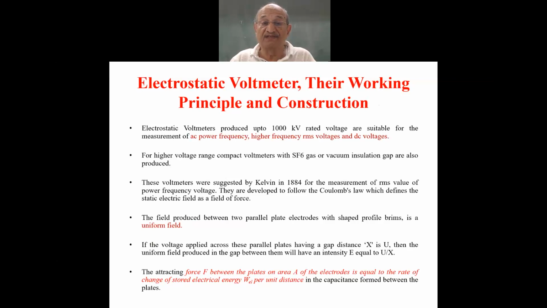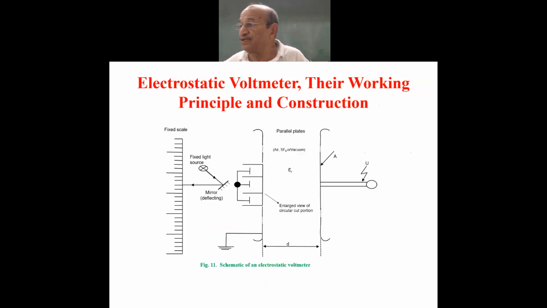instead of using air. I'll show you first the picture. This is an electrostatic voltmeter. What do you see here? There are two plates, on the right and the left. On the right is the high voltage electrode, and this is a parallel plate electrode system with the plates given a particular shape at the brims.